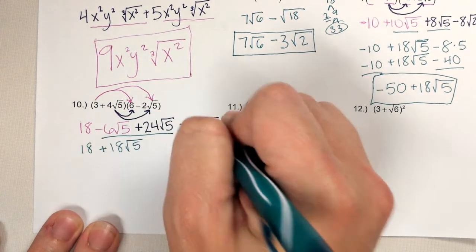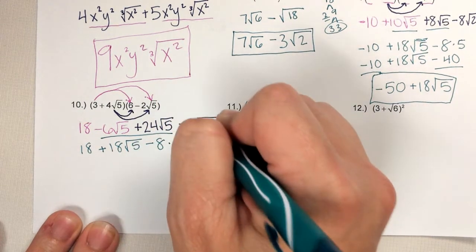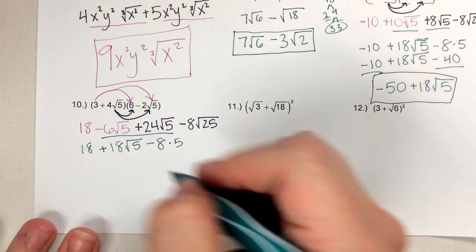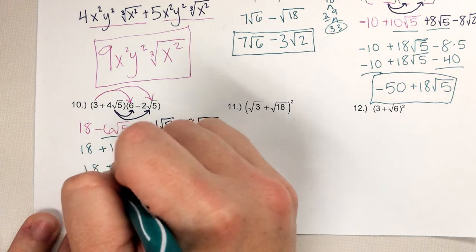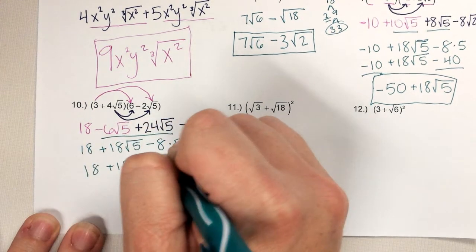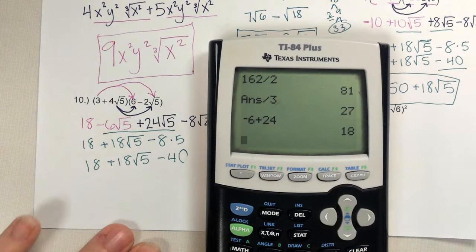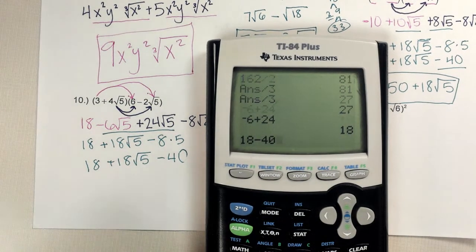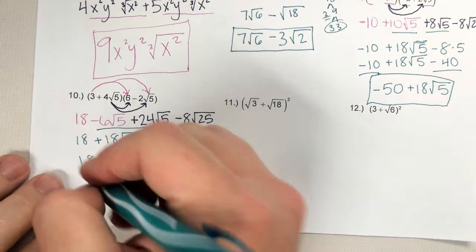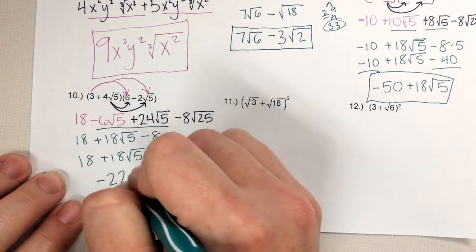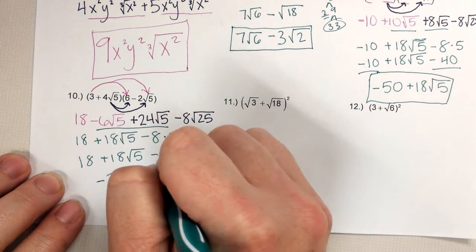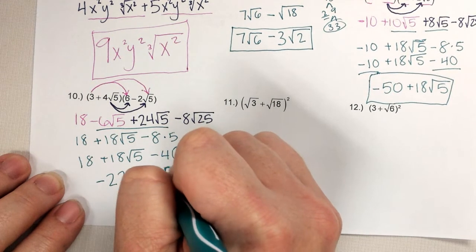And then negative 8 times the square root of 25 is 5, which gives me negative 40. Woo. So I get 18 minus 40 is negative 22. So I get negative 22 plus 18 square root of 5.